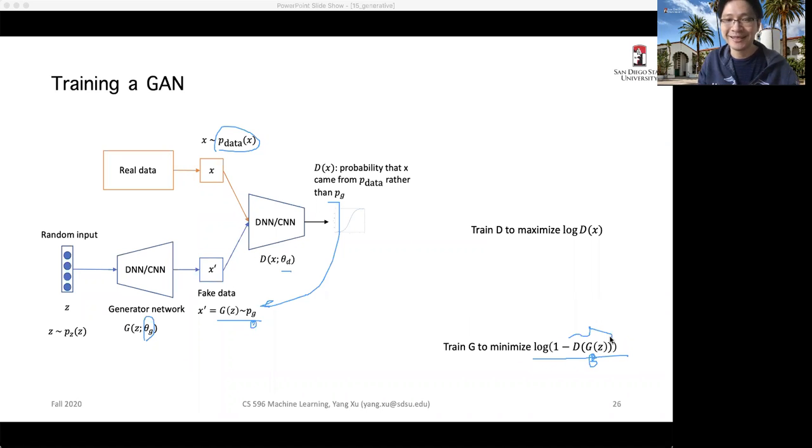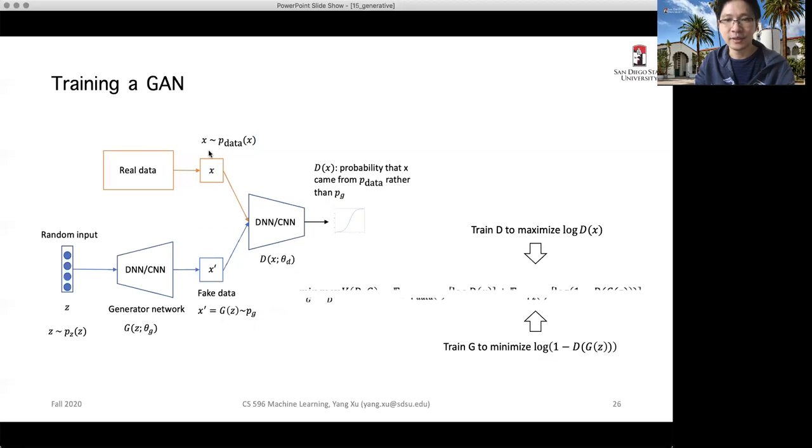We want the generated output to be as close as possible to the real data. So we want D of G of Z to be as big as possible.